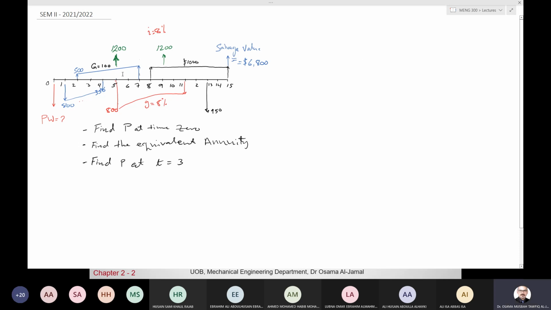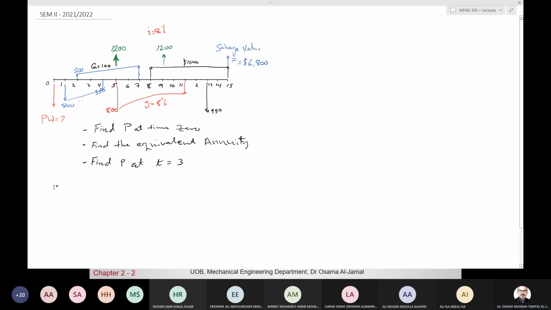It's increasing, but upward, it's fine, it's not a problem. It's a straight line. We have another arithmetic gradient downward, but that one is decreasing by a certain amount from year 1 to year 4.